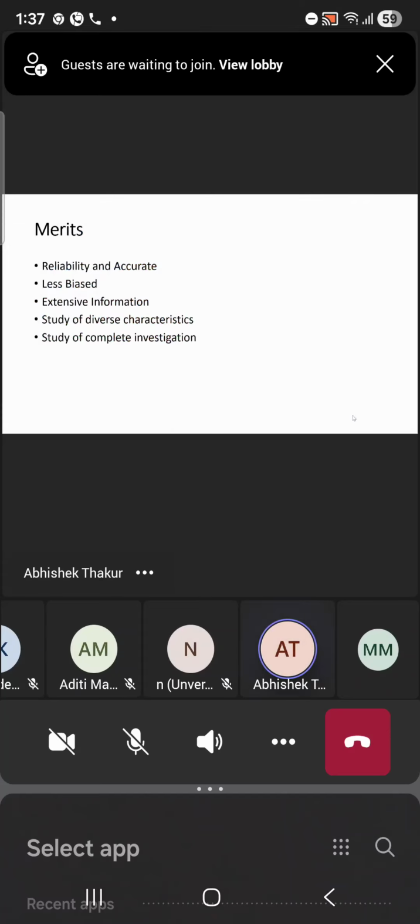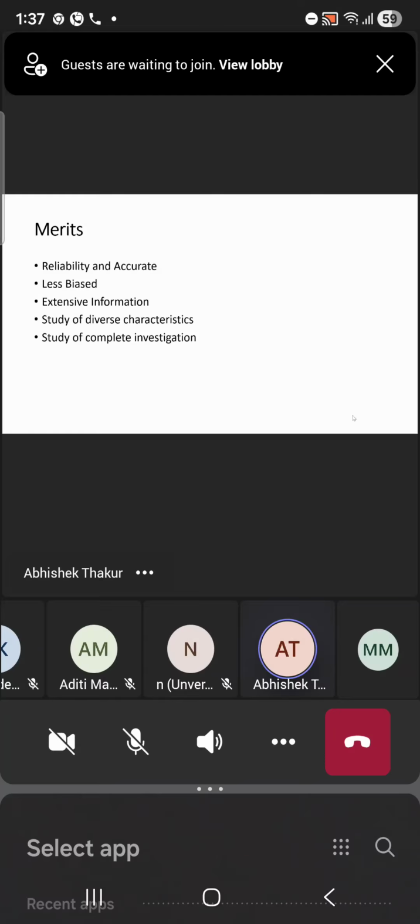So what are the merits of this census? Yes, definitely it is reliable and accurate because we are collecting data from the entire population. It is also less biased because there is no subgroup or random sampling or selected people; we are collecting data from each and every person.